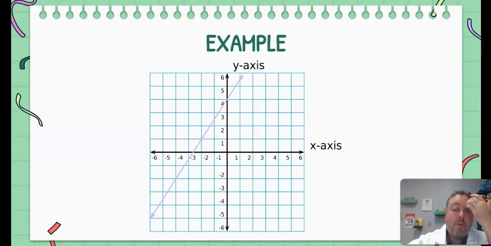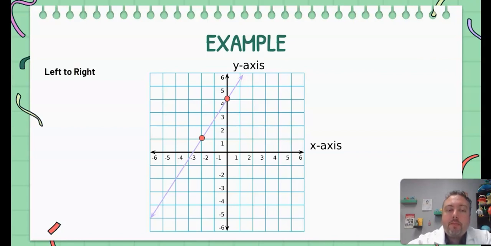And 0, 4 could also be a good option. Let's go ahead and choose -2, 1, and 0, 4. I always like to choose points that are on one of the axes because then I always know one of the values is 0, and it tends to make things a little bit easier.